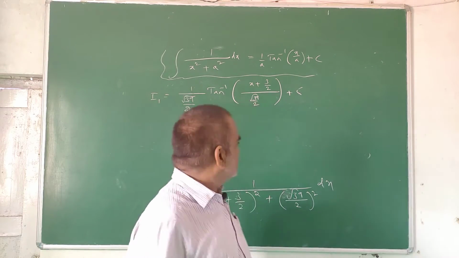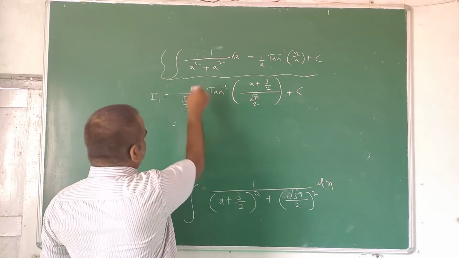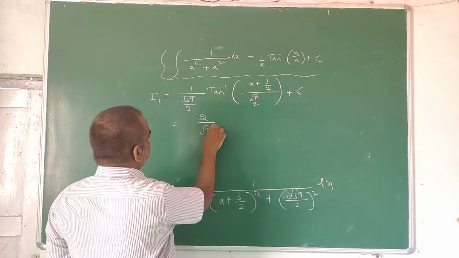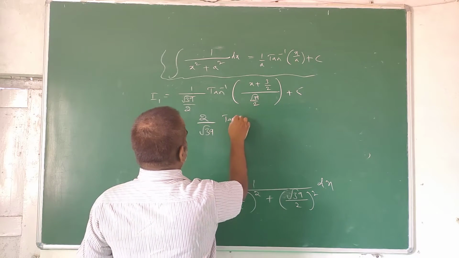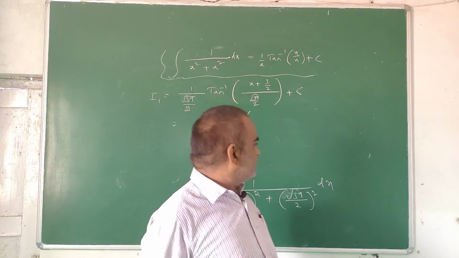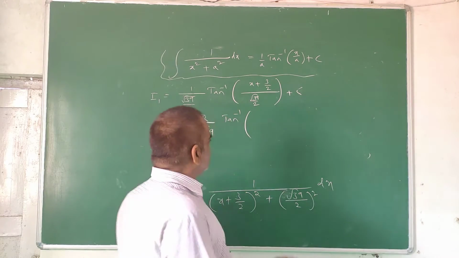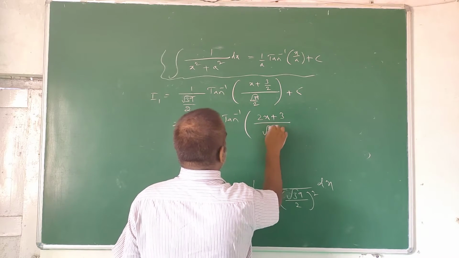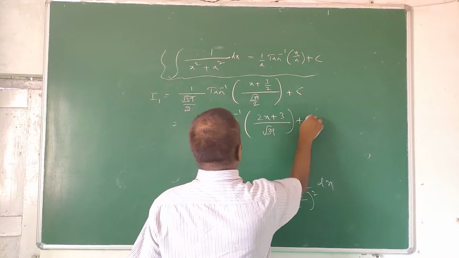So now this I1 is equal, now this fraction gets reversed, so 2 by root 39 tan inverse. Now if you take LCM, 2x plus 3 by 2 and this by 2 gets cancelled, so 2x plus 3 by root 39 plus c.